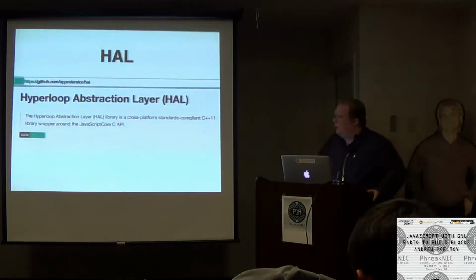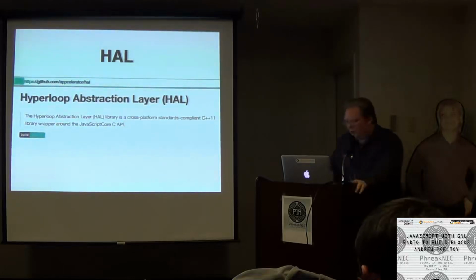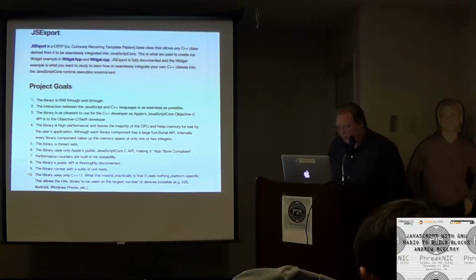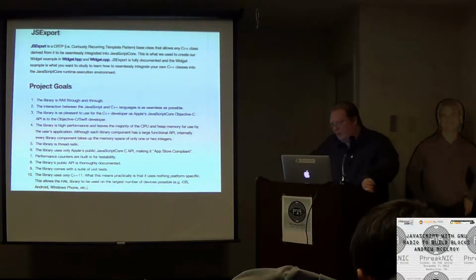So let's talk briefly about HAL and how this will actually all come together. HAL is a cross-platform, standard-compliant C++11 library. Yes, it is a wrapper, but I would argue it's a lot more performant. It's a wrapper, kind of. What you are ultimately doing is ending up with C++ objects out of writing JavaScript.